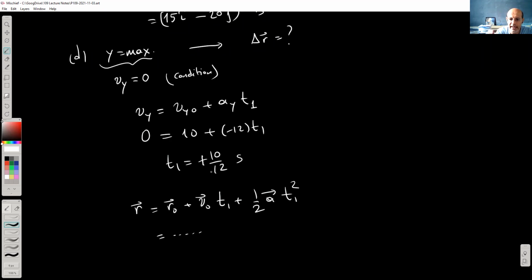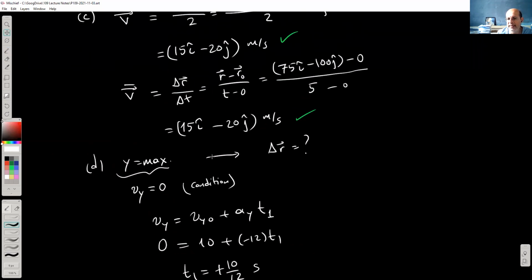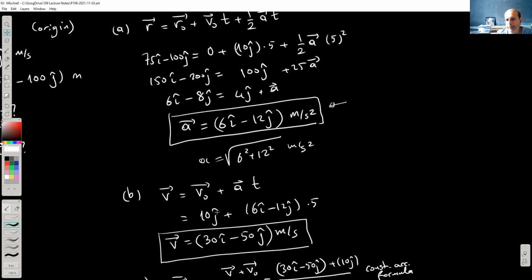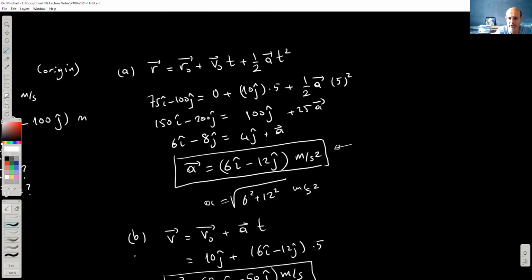In any case, that's how we solve this. I have just done this to illustrate the fact that three-dimensional kinematics is really one-dimensional kinematics with all the quantities replaced with vectors. We can do the usual vector algebra in here, right?